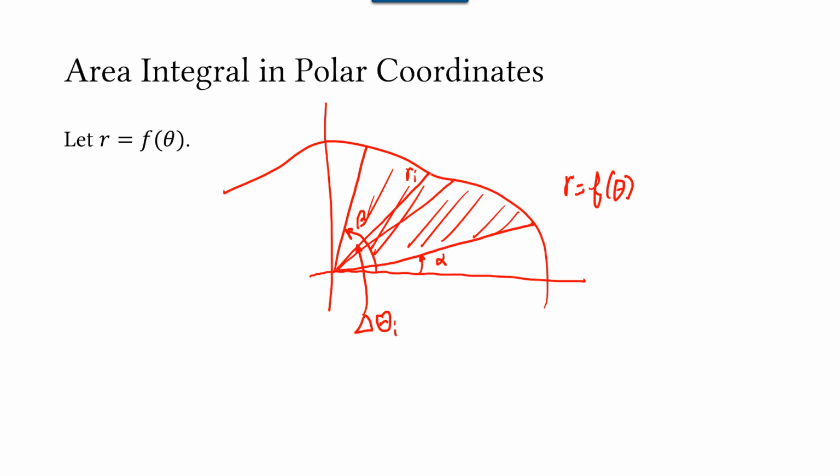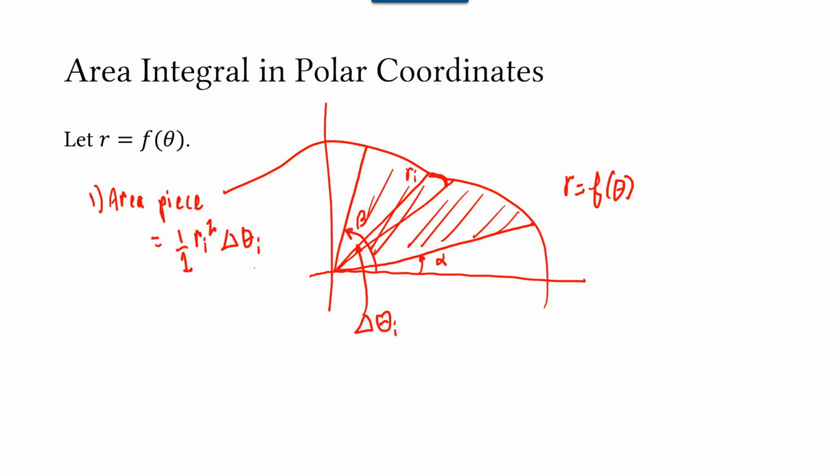And I know that the area of this piece is roughly the area as if it were the sector of a circle. So the area of a piece we'll call 1/2 r_i squared delta theta i.